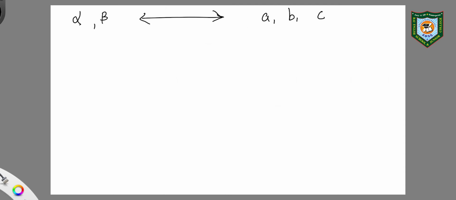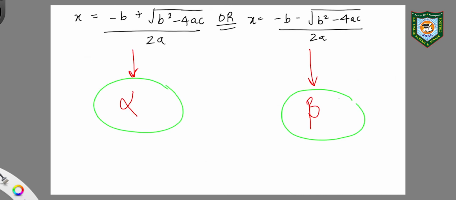So let's try to do that. So let's first initially add alpha and beta. In my case, I'm going to be assuming that alpha is equal to minus b plus under root b square minus 4ac divided by 2a, and beta is equal to minus b minus under root b square minus 4ac divided by 2a.